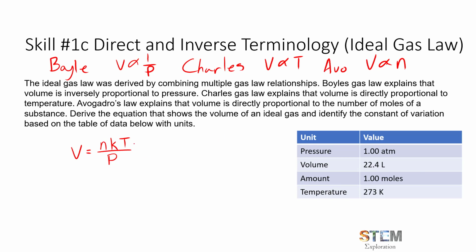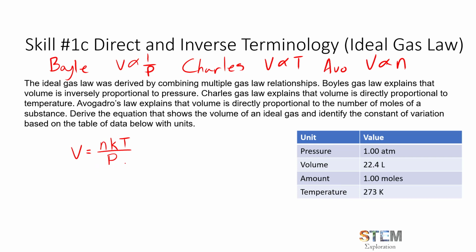Now, the reason I refer to K as the constant of variation, there might be a little bit of different opinion on this, but I just refer to it that way because it can be present in equations that have both direct variations and inverse variations all combined. So that's why I like to refer to it in that way.